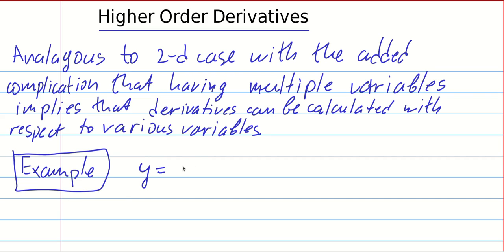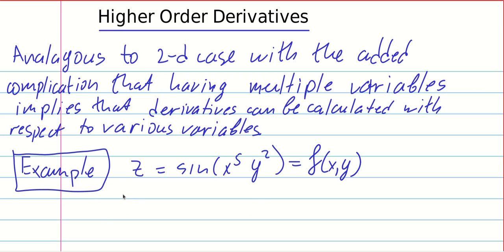Let's take the function which is sine of x to the 5 y squared, and that's our function of x and y. So it's easy to start. We take the partial derivative with respect to x. So the derivative of sine is cosine of x to the 5 y squared, and then we multiply by the derivative of the inside function according to the chain rule.